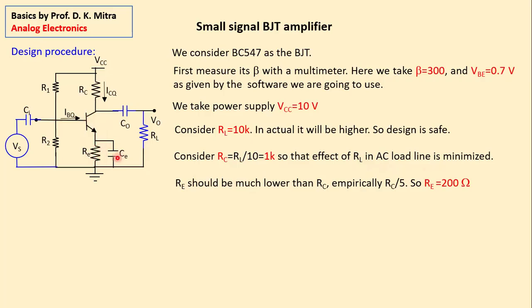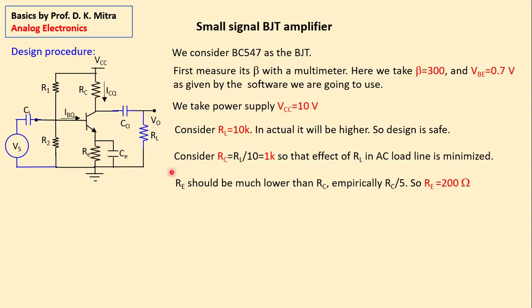In spite of the capacitor being there, some AC current may flow through this RE because for a capacitor, the impedance is 1 by omega C. So it is never zero. You can make it small, but not zero. So always there is a signal loss in RE.